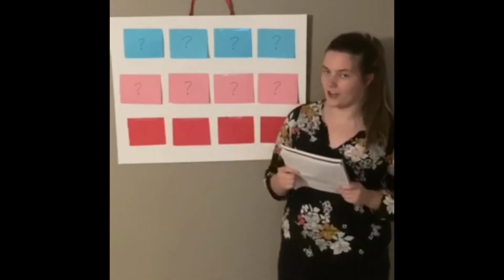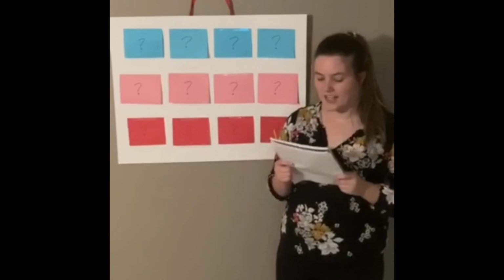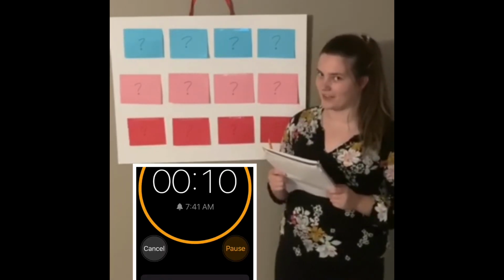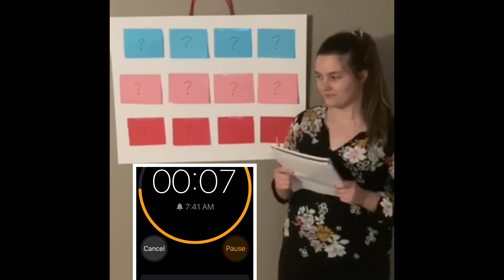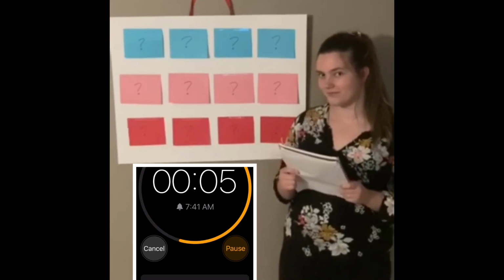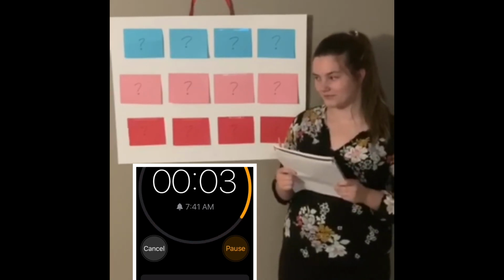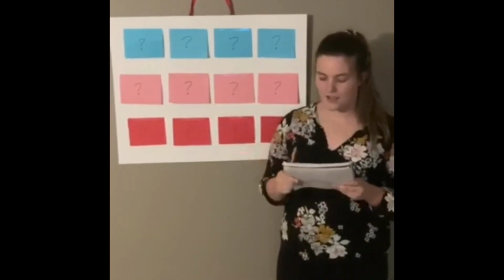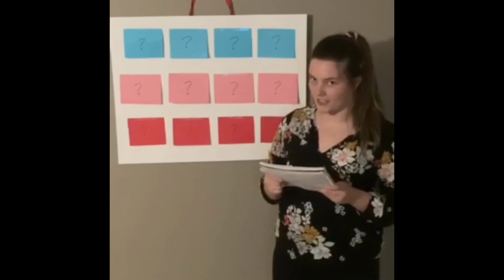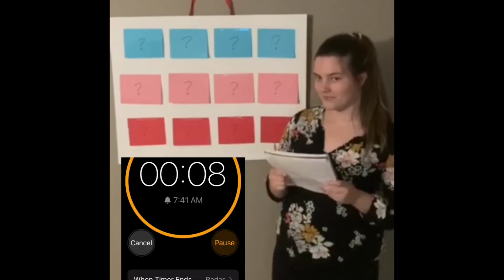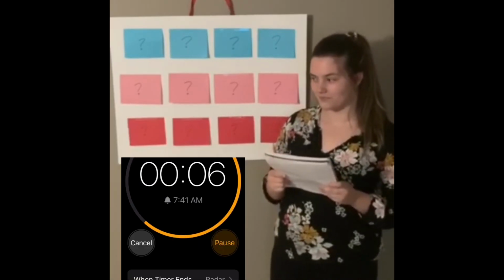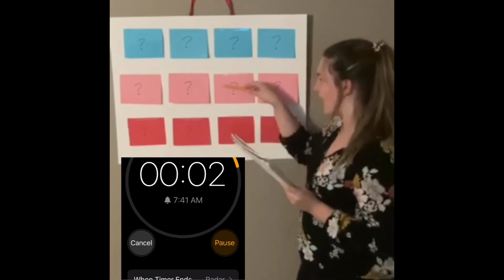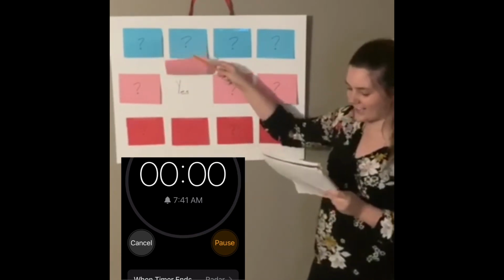Okay, the question we're starting off with today is: is velocity a vector or a scalar? I'll give you 10 seconds to think about it. The answer is a vector. Will velocity change with acceleration? If you got yes, you were correct.